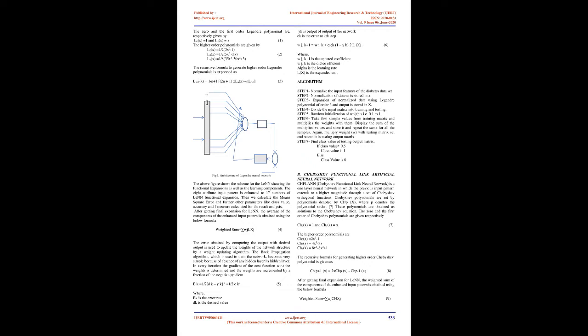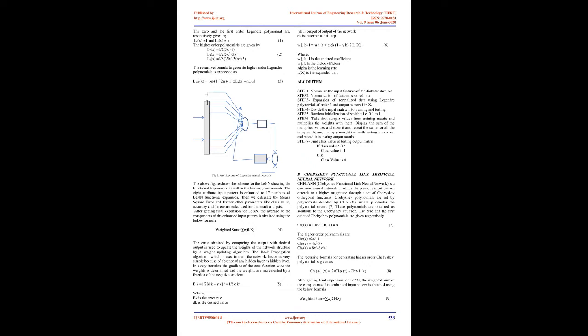Two data mining techniques used in the study. In recent days a number of applications of data mining techniques have been found in the diabetes data. Legendre neural networks, LeNN, and Chebyshev functional link artificial neural network, FLANN, are the two techniques commonly used in this field. The working principle of these techniques has been described below. A. Legendre neural network.